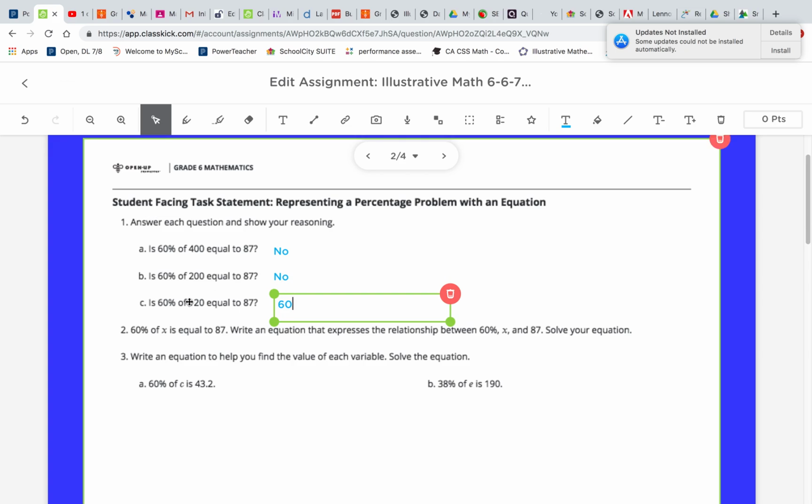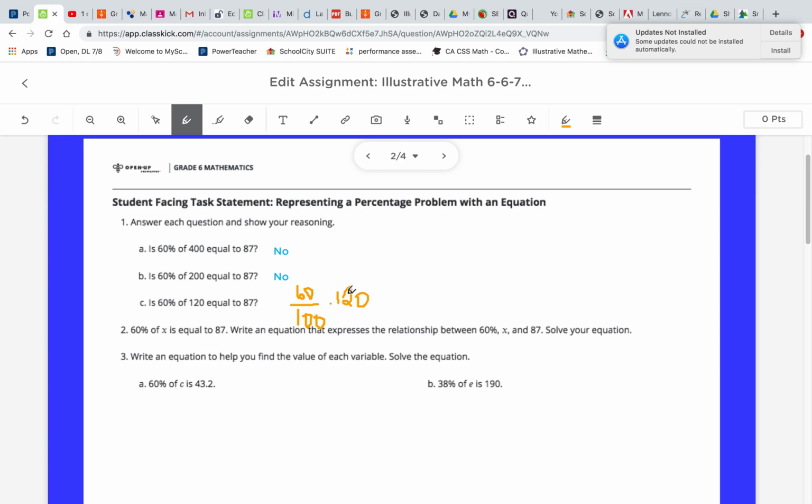If you remember back to the previous unit, let me actually do it with the pencil here. 60% is the same thing as 60 over 100. And when we have a fraction of some number, we're talking about multiplying: 60 over 100 times 120. Let's see if it actually equals 87.